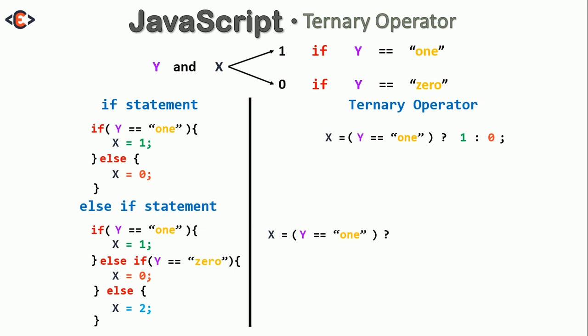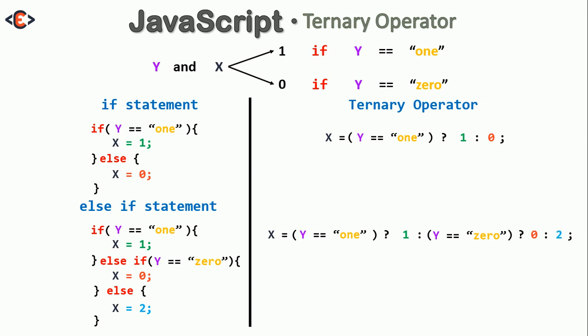So if this condition is true, x will receive 1, else if now the other condition, y equals 0, another question mark. If this condition now is true, x will receive 0, else x will receive 2.